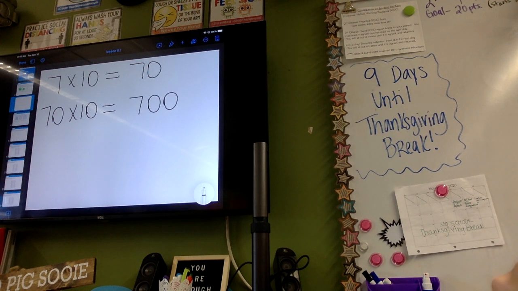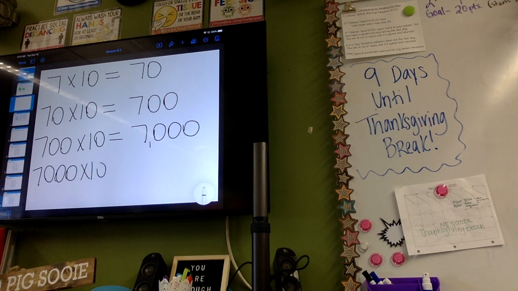I added another 0. 700 times 10 equals what? 7,000. 7,000 times 10 equals what? 70,000. I added another 0. So if you see the pattern here, you add a 0 every single time.